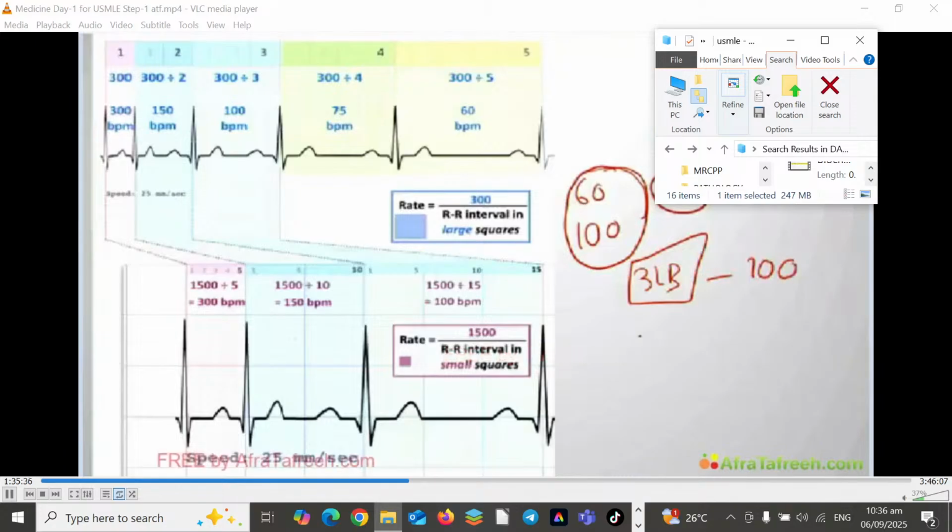If there are 5 large boxes, you know it would be 60, because you divide 300 by 5. So anything between 3 to 5 large boxes would be a normal rate. It is not tachycardia or bradycardia. So first count the number of large boxes. If it is less than 3 or more than 5, only then worry about the rate, or you can move ahead to your next thing.